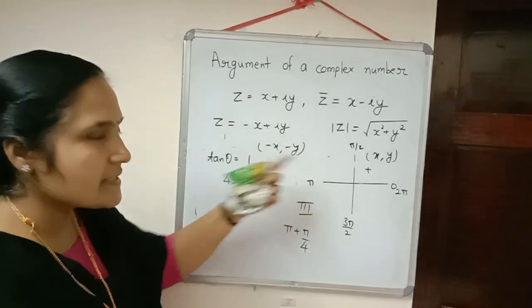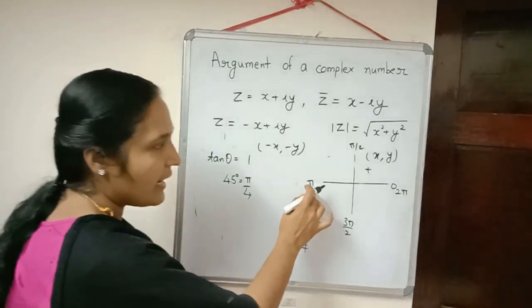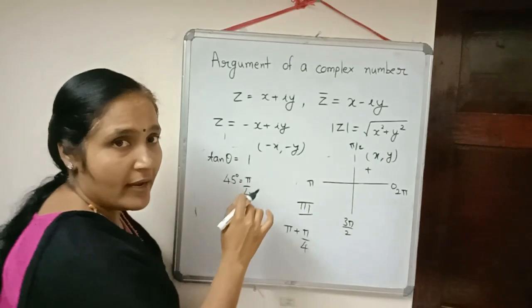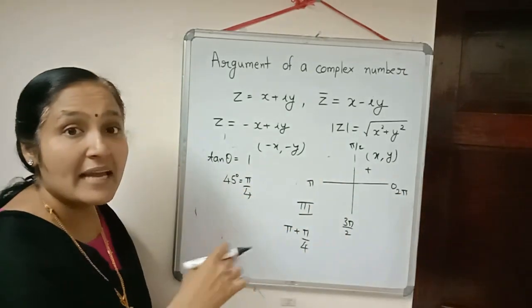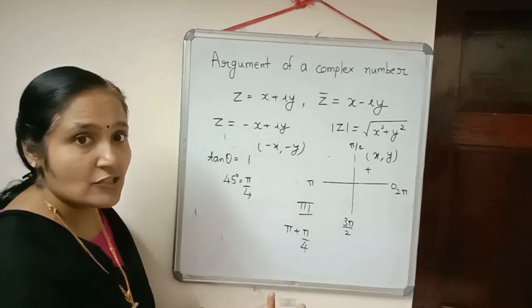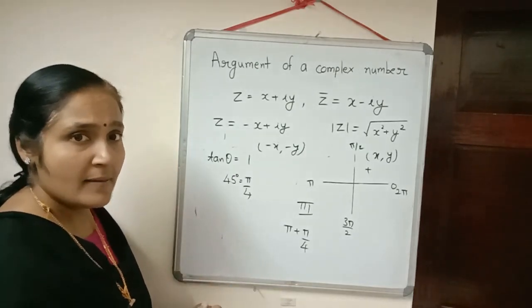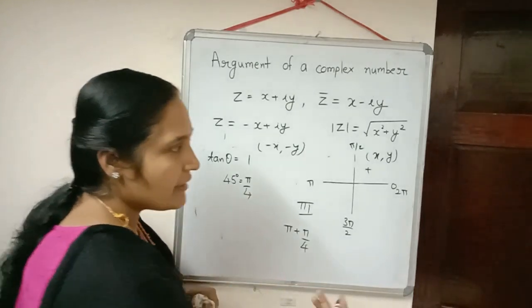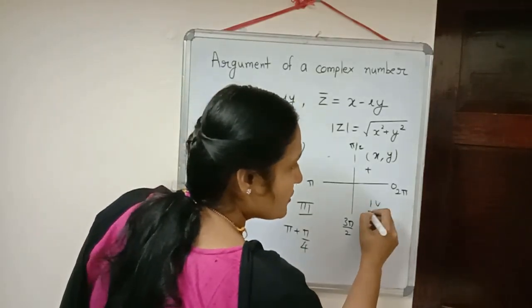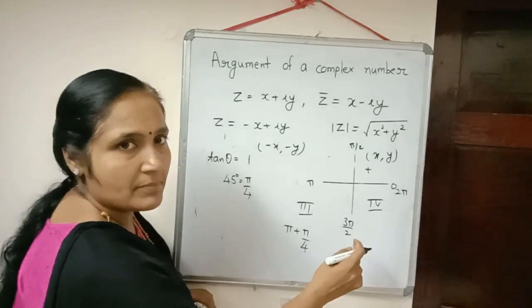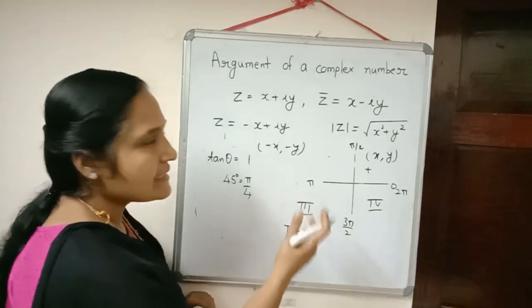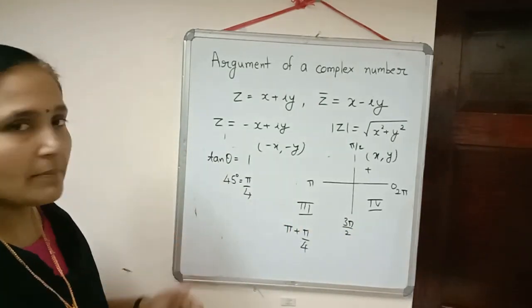If you have to express the angle in the second quadrant, we will write pi minus pi by 4. Because in case of pi and 2 pi, there will not be any change. Tan will not change to cot, that we will study in trigonometry. Similarly, if the point is in the fourth quadrant, we will write 2 pi minus something. Okay. So when we discuss the question, this concept will be clear to you.